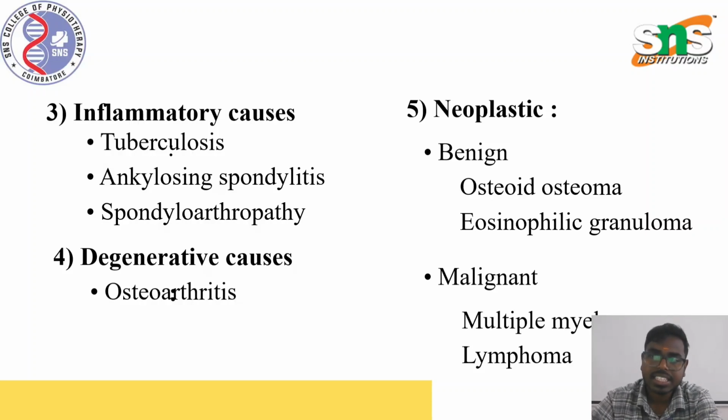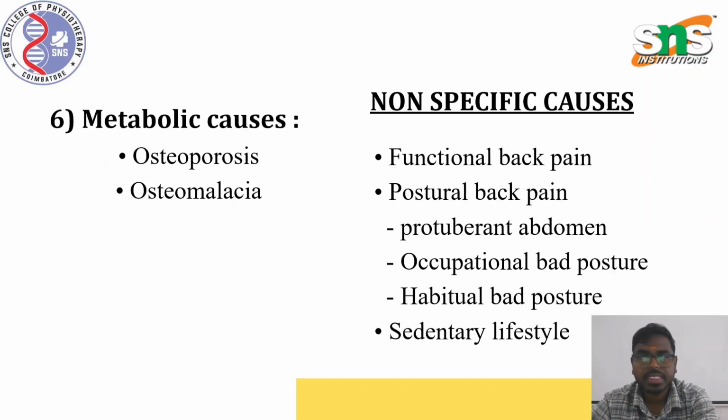In malignant stages, it is multiple myeloma or lymphoma. Metabolic causes such as osteoporosis and osteomalacia. Among the non-specific causes are functional back pain and postural back pain. Postural back pain is due to protuberant abdomen, occupational bad posture, habitual bad posture, and sedentary lifestyle.